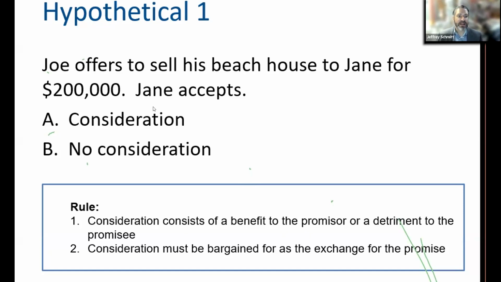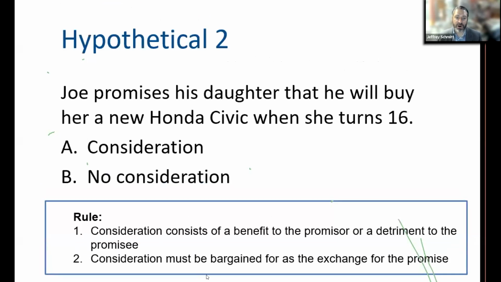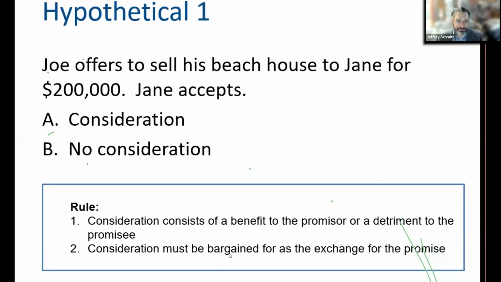Well, of course, right? There are two promises here. You can look at either one as the promisor. Joe is promising to give title to his house to Jane. He's getting the benefit, right, as the promisor, he's getting the benefit of money, 200,000 bucks. It's bargained.